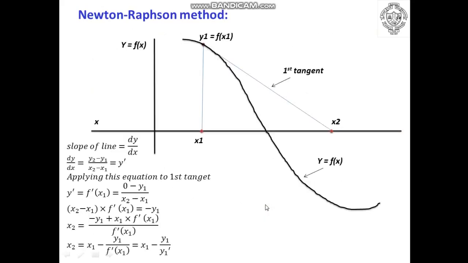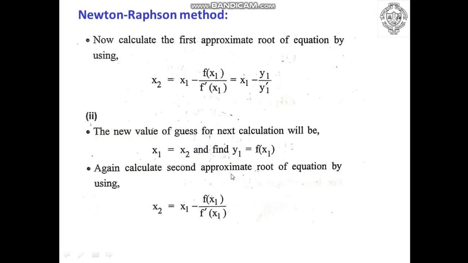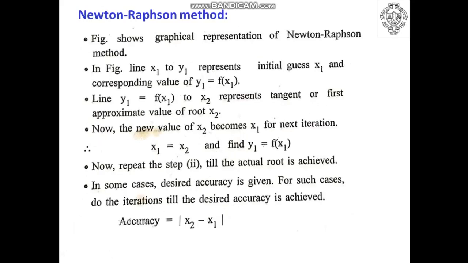Instead of naming the next approximated root for each iteration as x2, x3, x4 and so on, you can just replace your x2 with x1, so that you only have two values of roots of the equation. So you can replace your x1 with x2 and follow the same procedure.